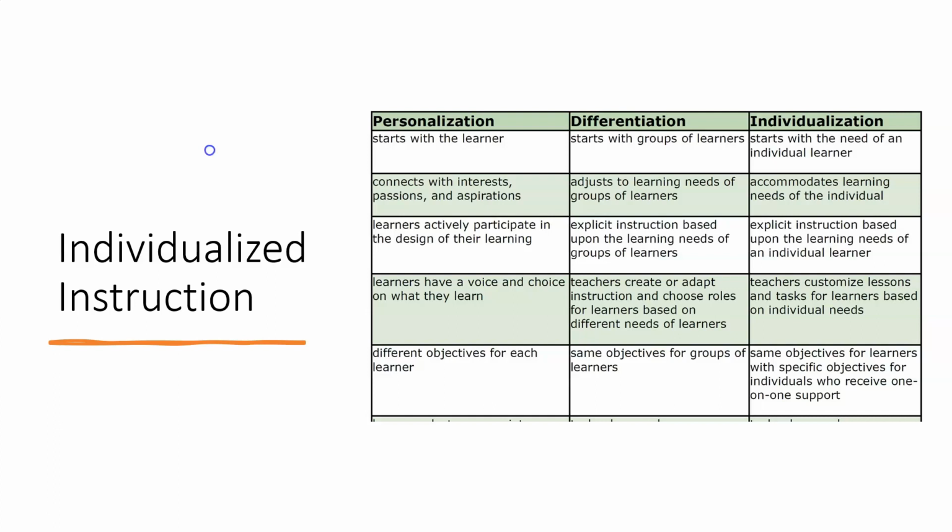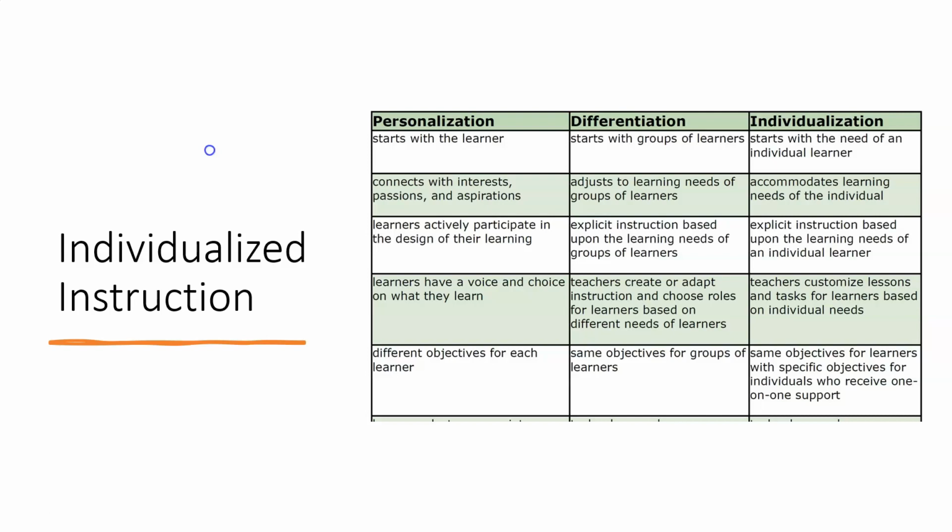But while personalized learning connects with the learner's interest, individualized instruction focuses more on their learning needs, as does differentiated instruction. Differentiated instruction and individualized learning both focus on learning objectives and provide explicit instruction to meet those objectives. However, differentiated instruction targets a group of learners, while individualization focuses on a single learner.